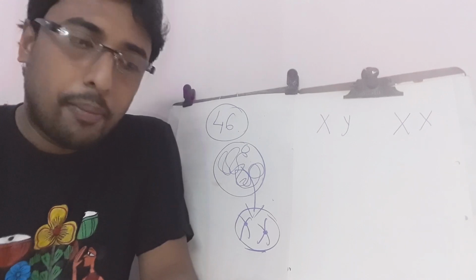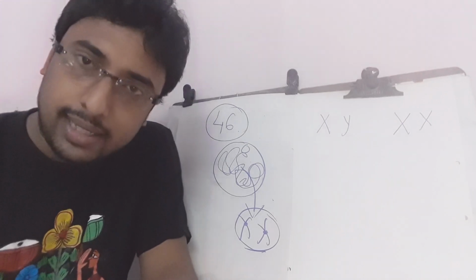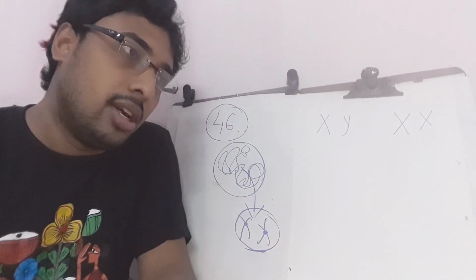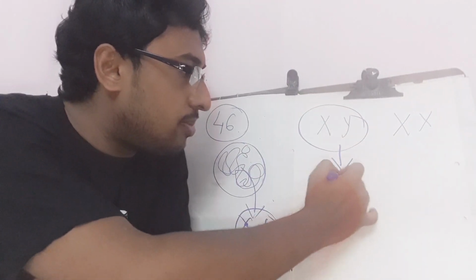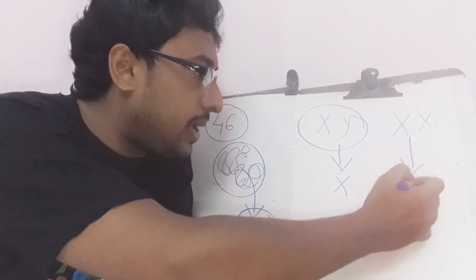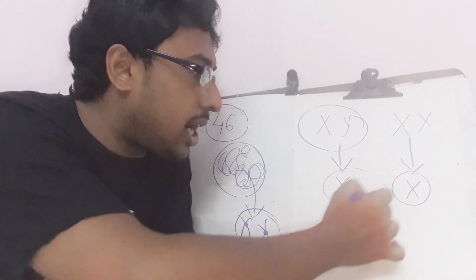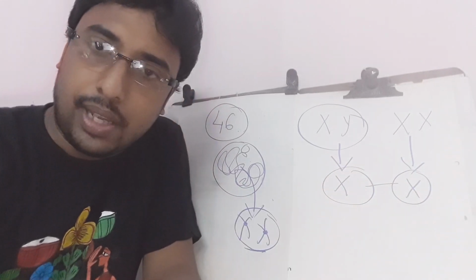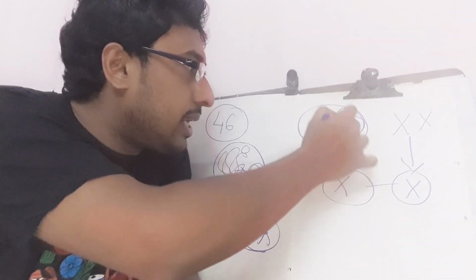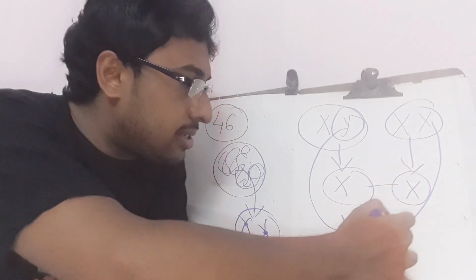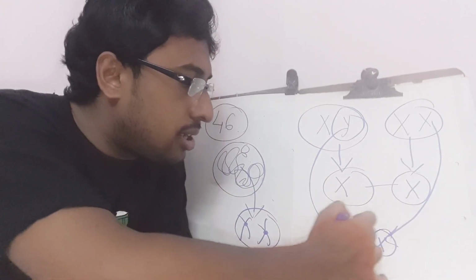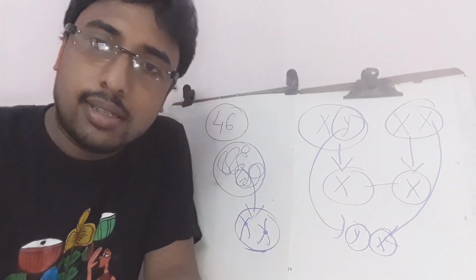During transmission from the parents to the offspring, if the father gives an X chromosome and the mother gives X, then the product will be a daughter. If the father gives a Y chromosome and the mother gives X, there will be a son.